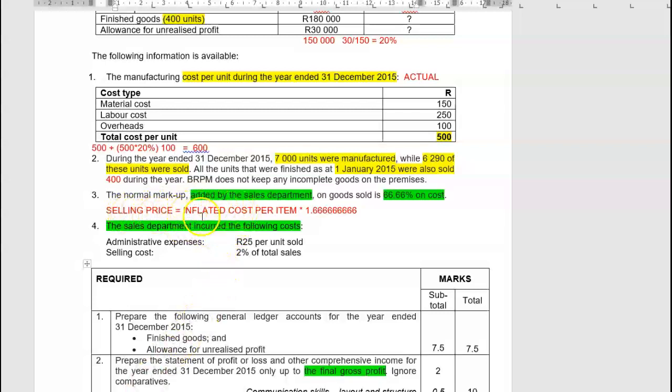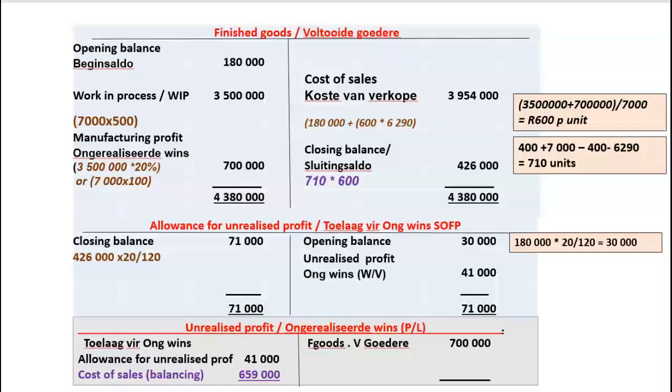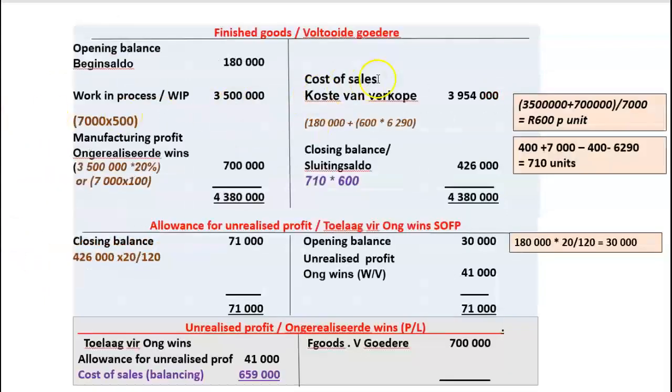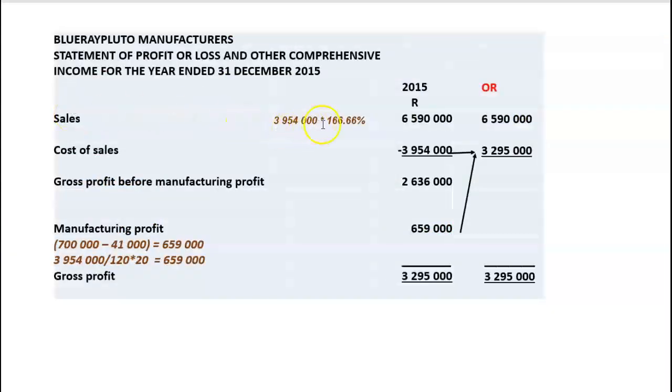And we've said that that would be the inflated cost per item multiplied by 1.6667. So sales would have been our total cost of sales, 3,954,000, multiplied by 166.67%, which gives us 6,590,000.